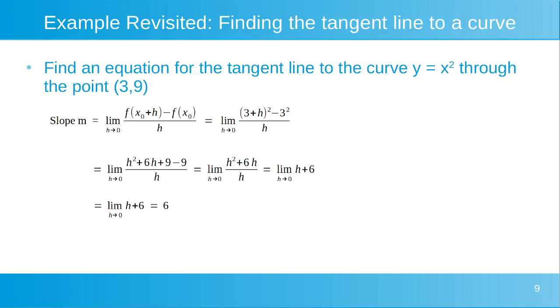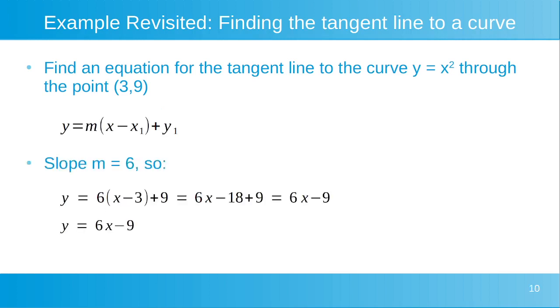So we've just calculated that the slope of our curve y = x^2 at the point (3, 9) is equal to 6. Now that we have the slope, we want to substitute this value into our equation of a line: y = m(x - x1) + y1. We also have x1 equal to 3 and y1 equal to 9, because we're finding the equation of the line through the point (3, 9).